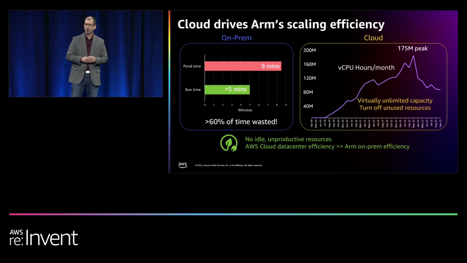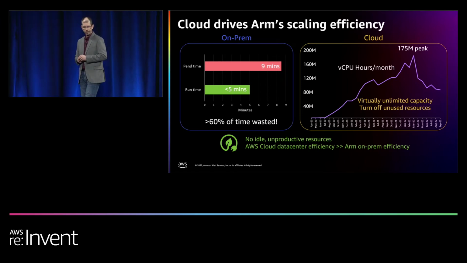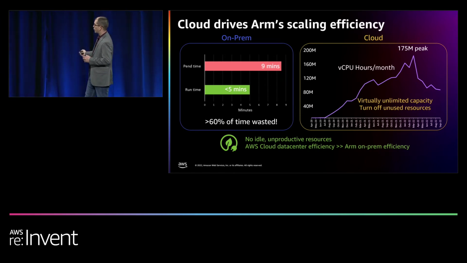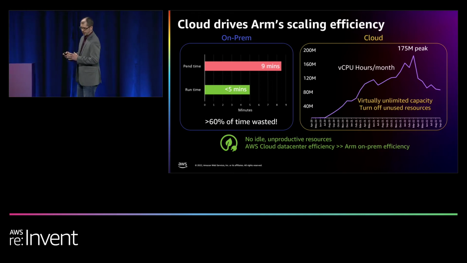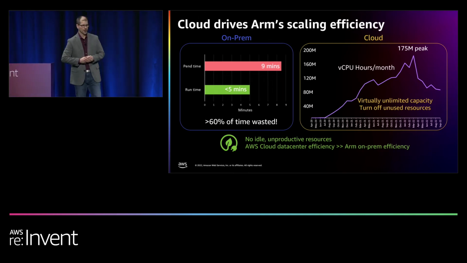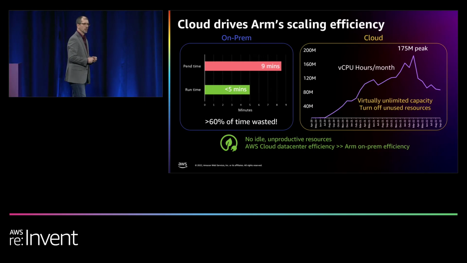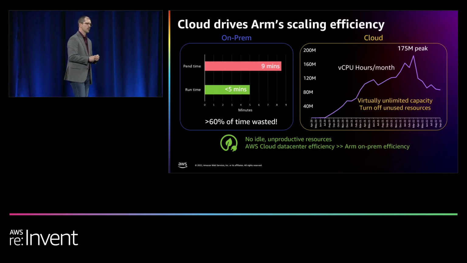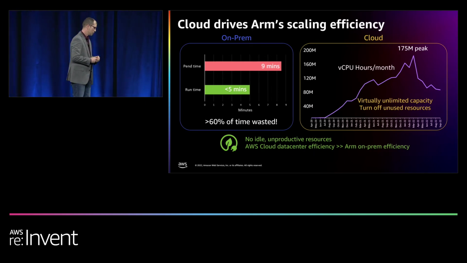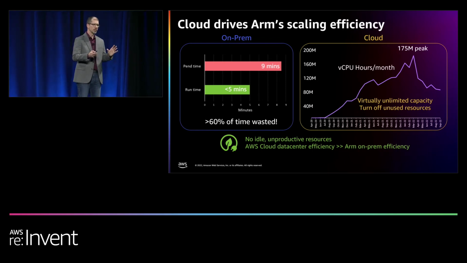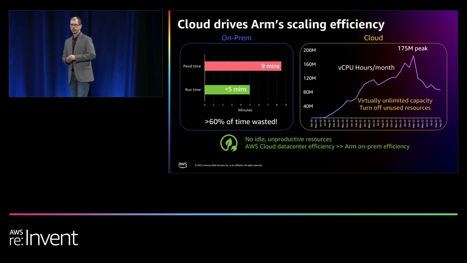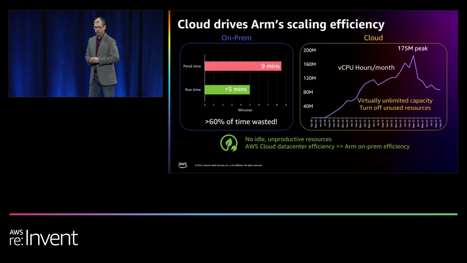Contrast that with cloud, where we have virtually unlimited capacity. The graph on the right-hand side is a graph from the beginning of our journey. You can see earlier this year that we peaked at over 175 million vCPU hours in a month. That is roughly almost 3 times what we can deliver with our on-prem infrastructure.